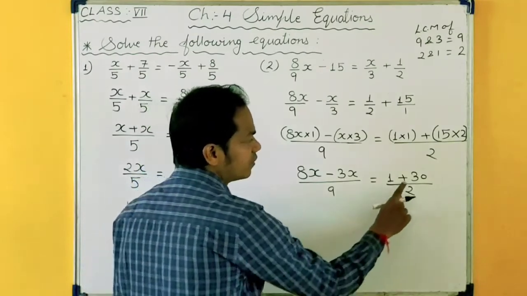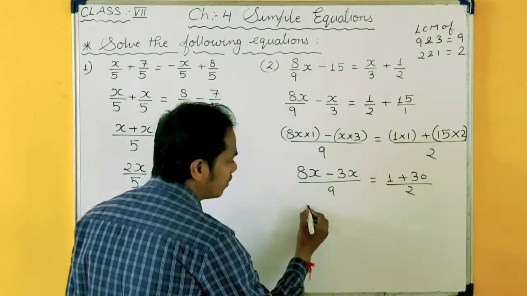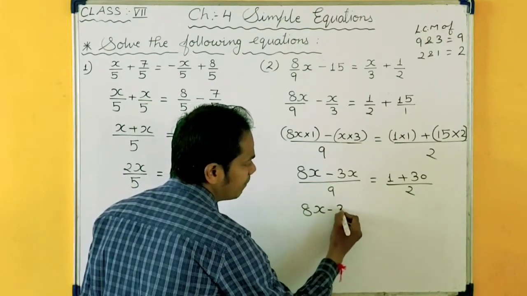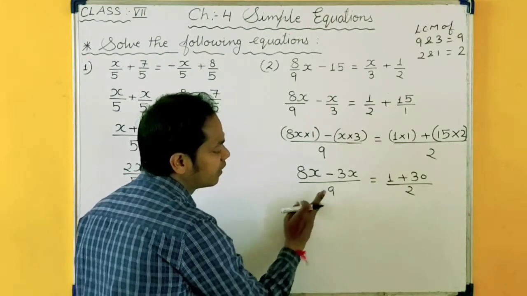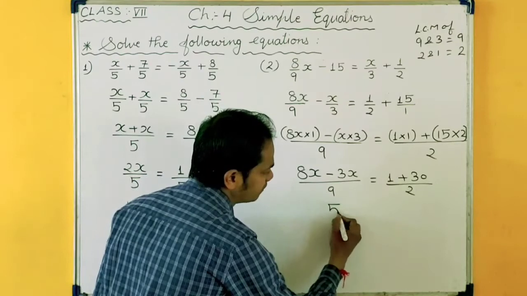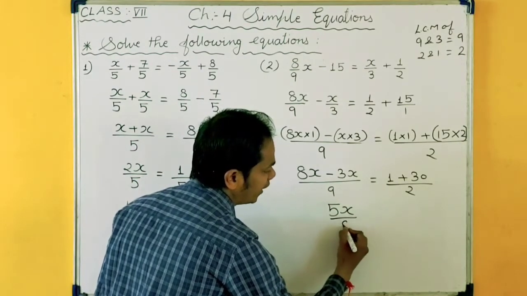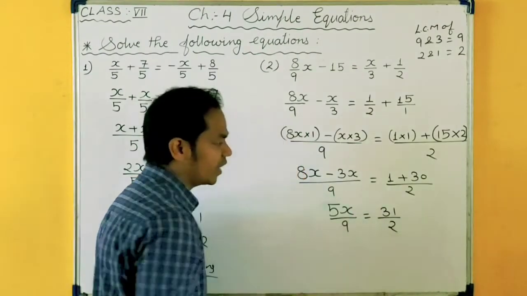Now 30 plus 1 is 31. Here you can directly write 31 also. 8x minus 3x is 5x, so I am writing here 5x upon 9 equal to 31 upon 2.